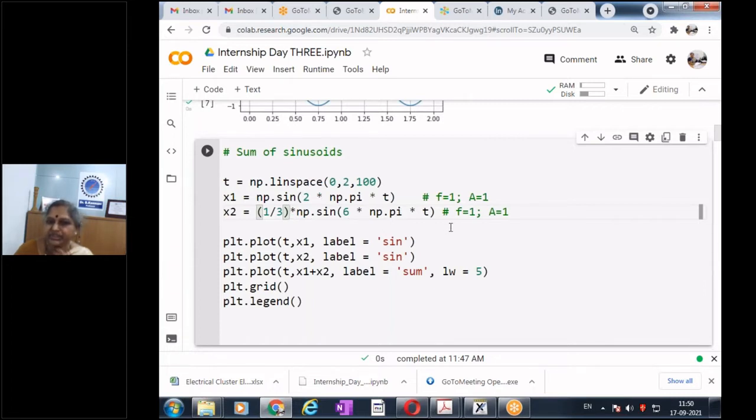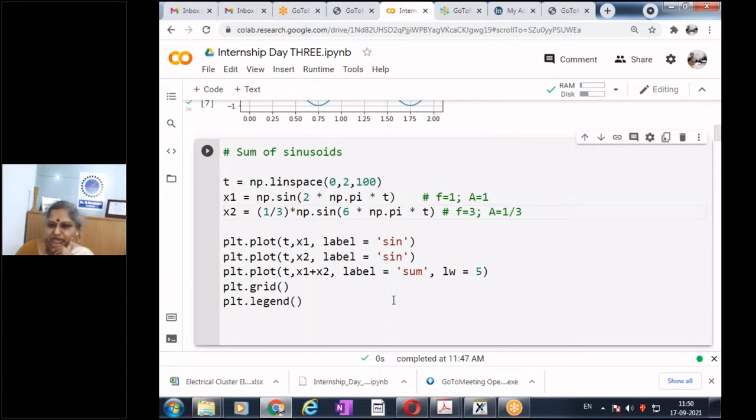What is the frequency and what is the amplitude? Yes, amplitude is 1 by 3. Very good. And what's the frequency? Frequency is 3.